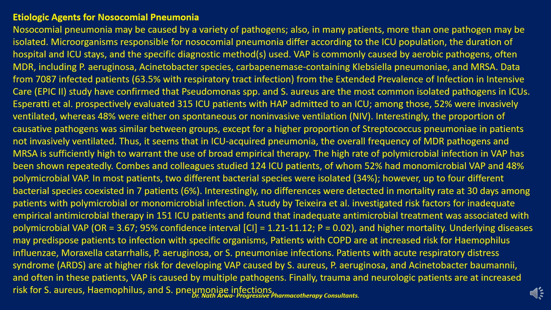Patients with acute respiratory distress syndrome, abbreviated as ARDS, are at higher risk for developing ventilator-associated pneumonia caused by Staphylococcus aureus, Pseudomonas aeruginosa, and Acinetobacter baumannii, and often in these patients, ventilator-associated pneumonia is caused by multiple pathogens. Finally, trauma and neurologic patients are at increased risk for Staphylococcus aureus, Haemophilus, and Streptococcus pneumoniae infections.